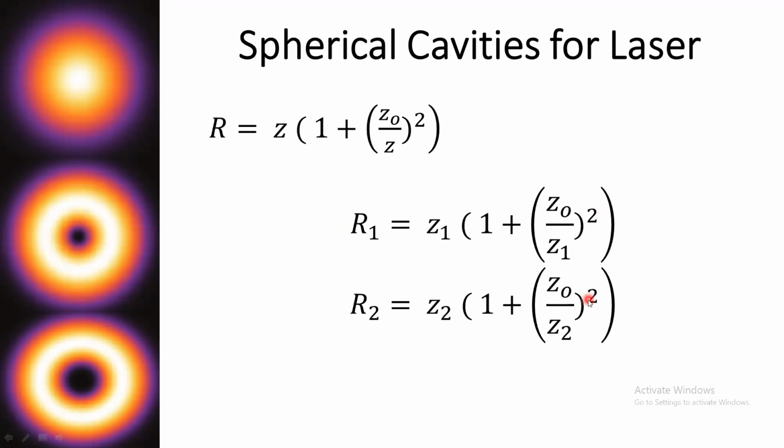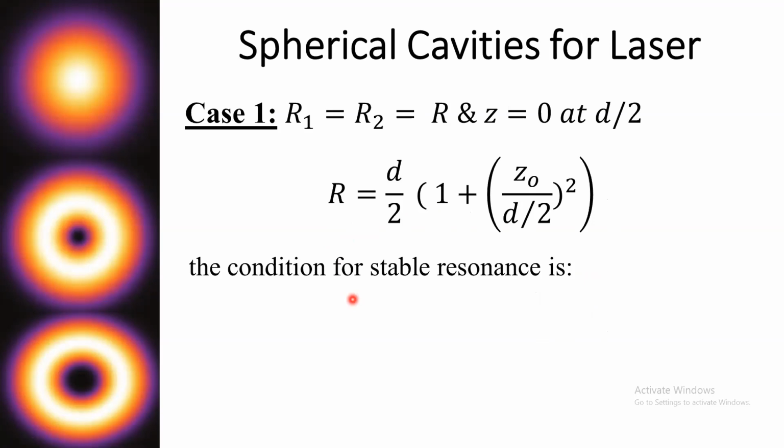This is basically the radius of the two mirrors in order to accommodate the variation of the radius in the signal. So now you have to search for some conditions to design your mirror. We will take here actually 3 cases.